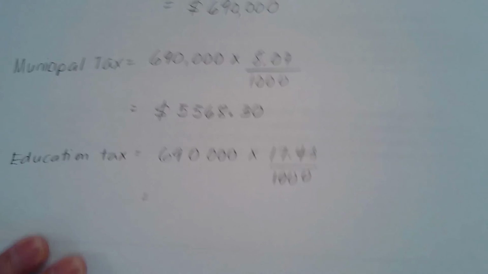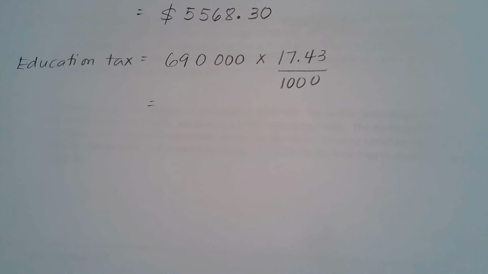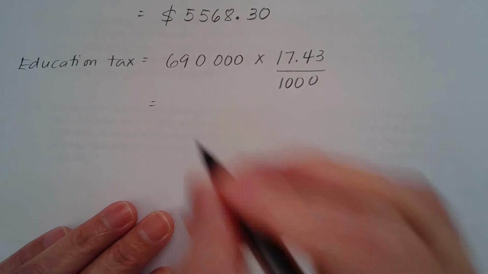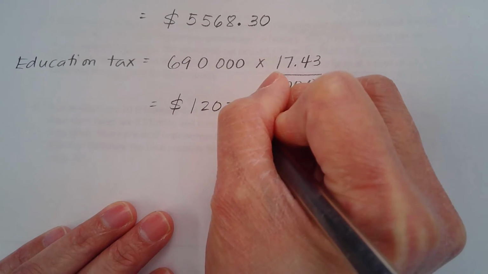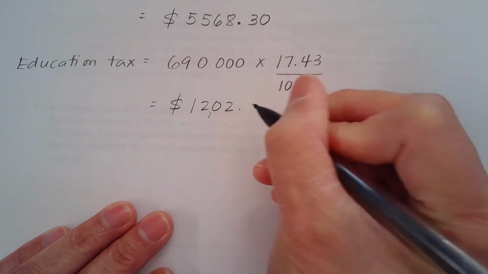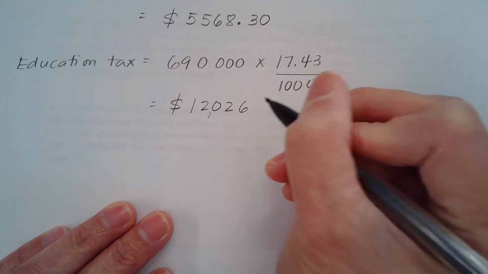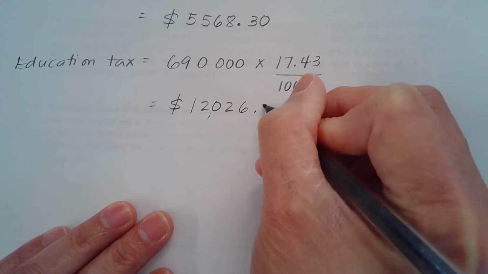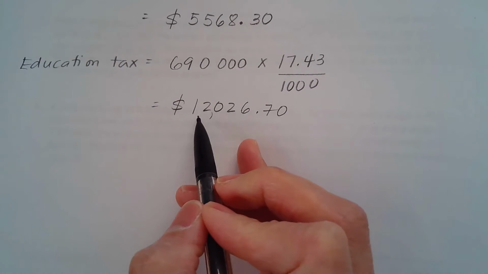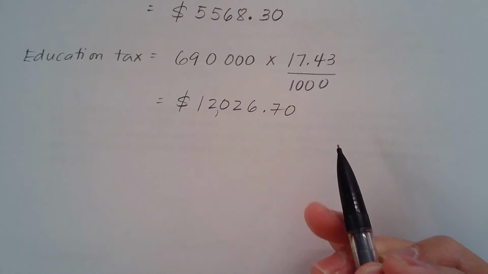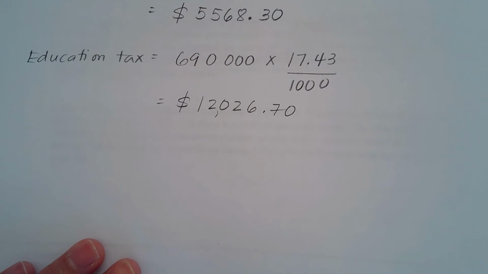We're going to follow the recipe here: 690,000 times 17.43 divided by 1,000. It's going to be $12,026.70. That's the education tax.